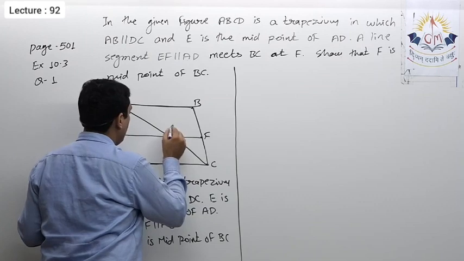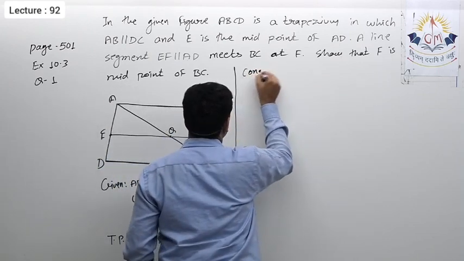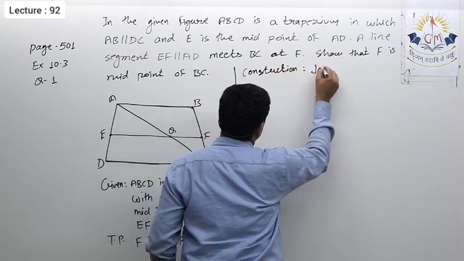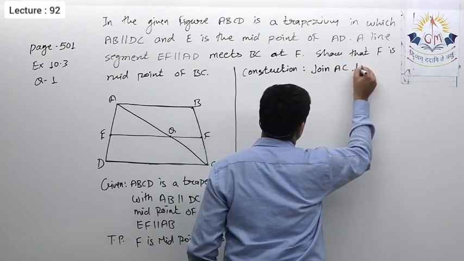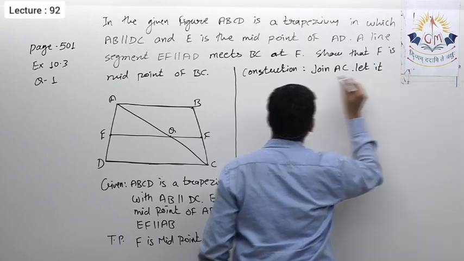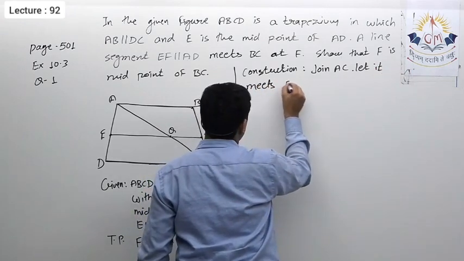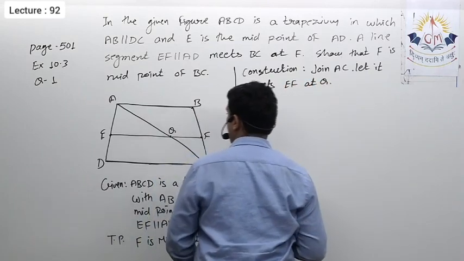So construction: join AC, let it meet EF at Q.